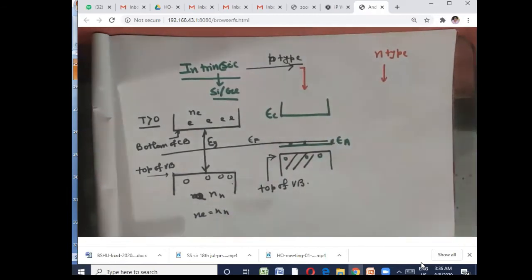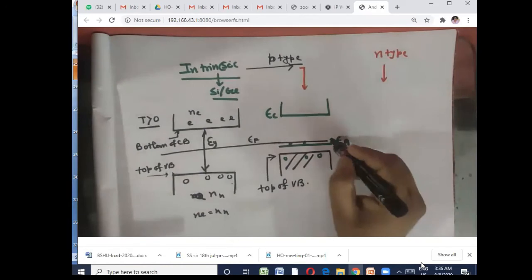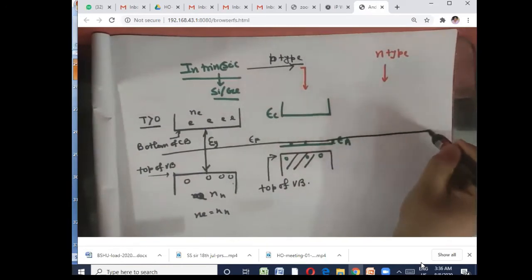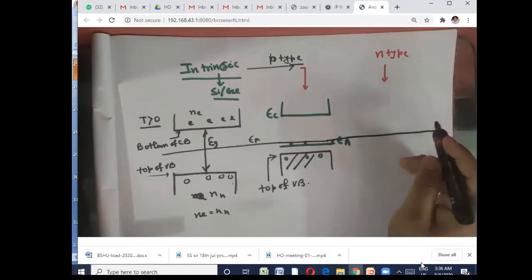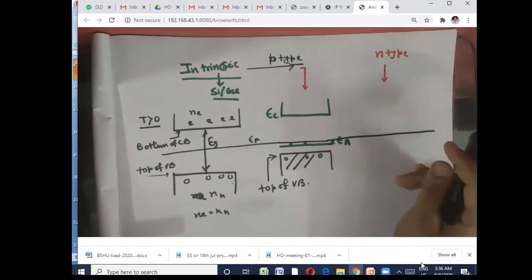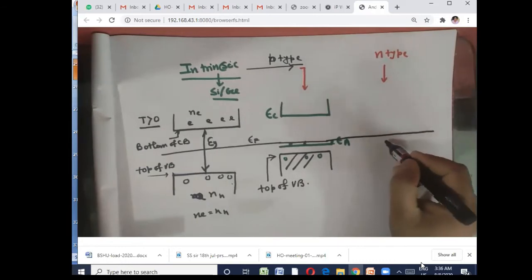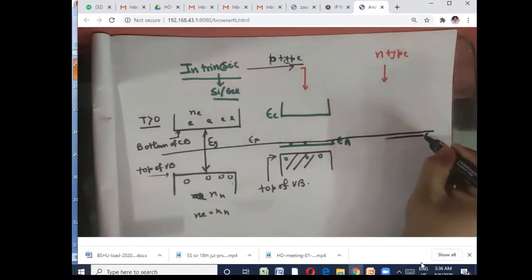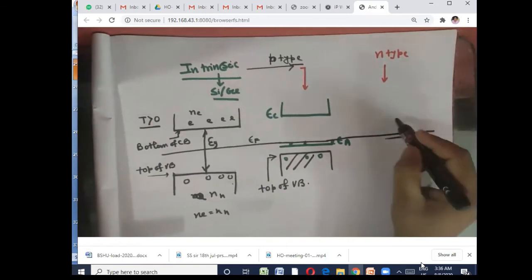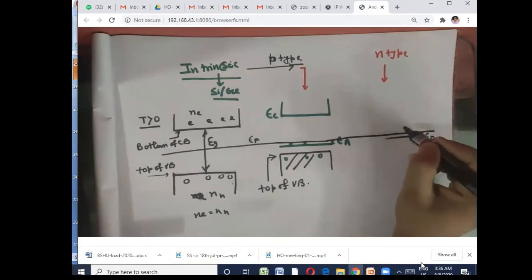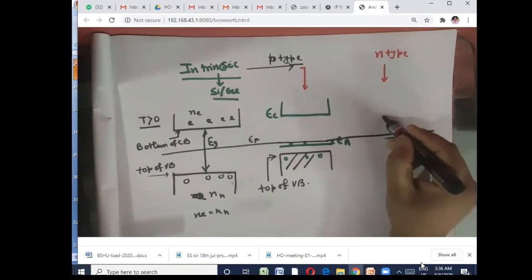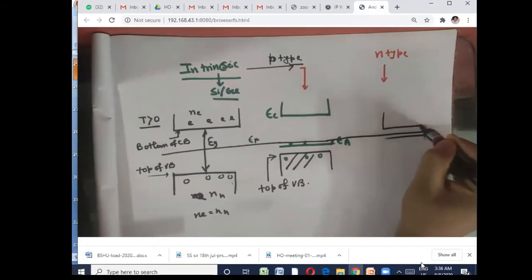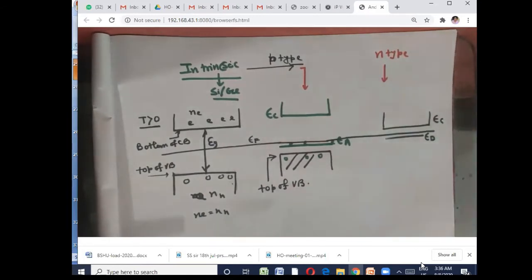Now suppose I consider an n-type semiconductor. N-type means donor type, so the electron will be donated. This is the donor level, so the Fermi level will be close to the conduction band, at the bottom of the conduction band, and this is the top of the valence band.